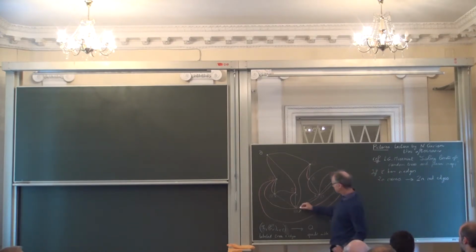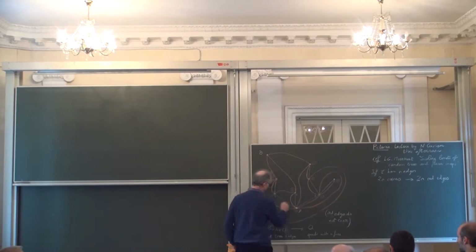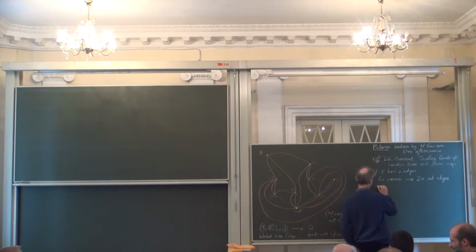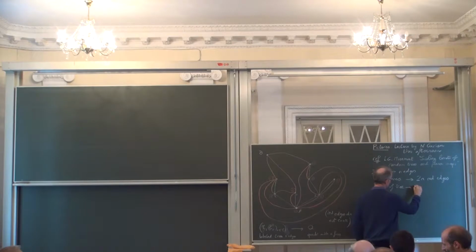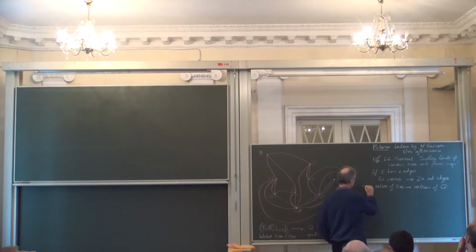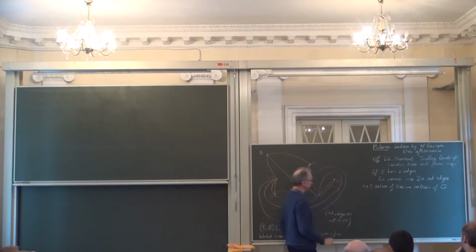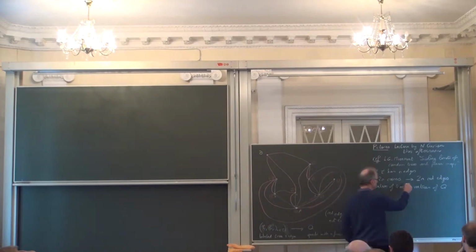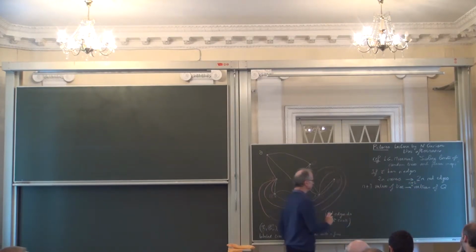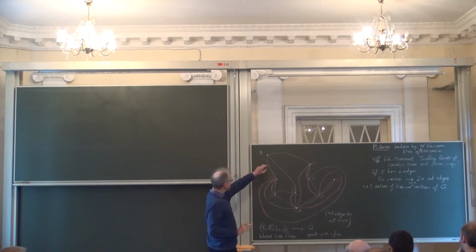And the same for the number of vertices. Here you see that vertices of the tree become vertices of the quadrangulation. You have n plus 1 vertices in the tree, so you get n plus 1 vertices of the quadrangulation. But you remember that we added this extra vertex, partial d.